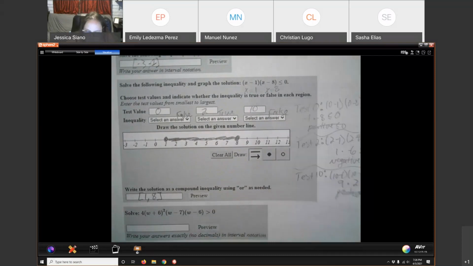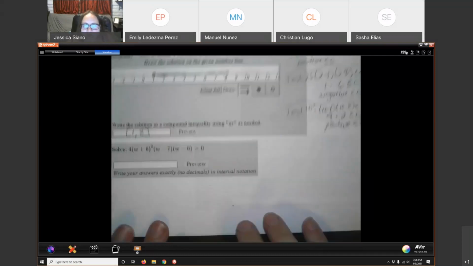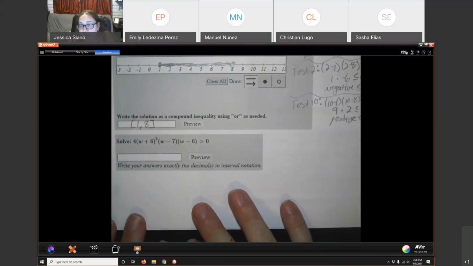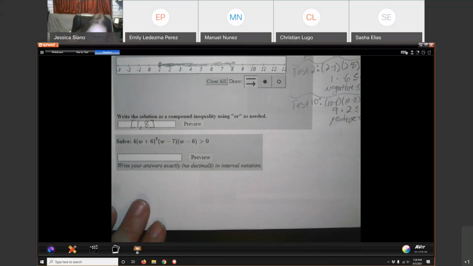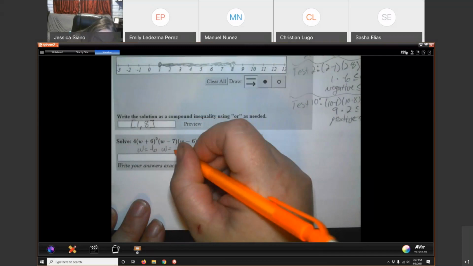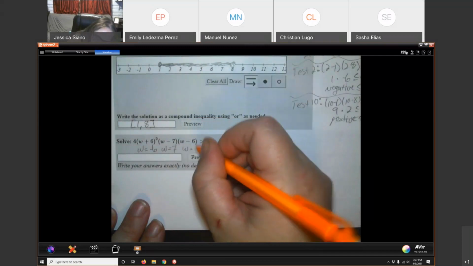All right. So we're going to do the exact same thing here. Only obviously we have to do it all by hand. So here I have W equals -6, W equals +7, W equals +6.